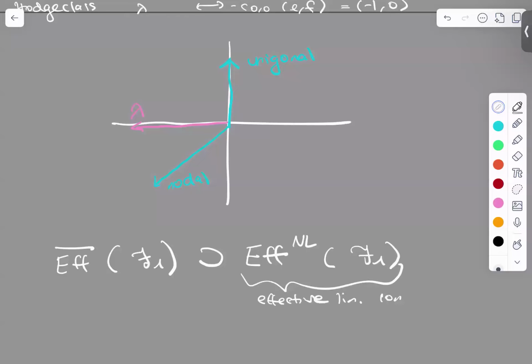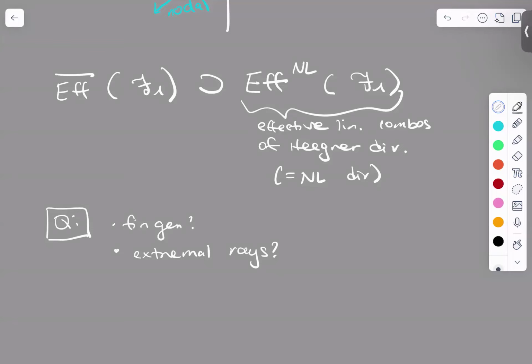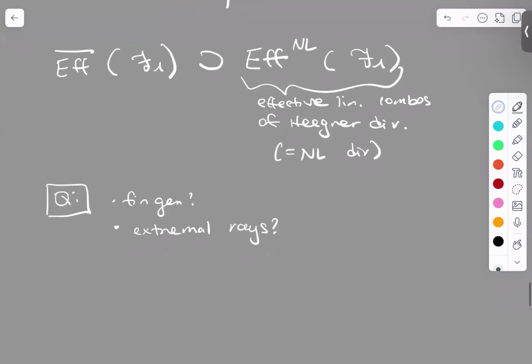For both of these cones, there are natural questions we can ask. Are they finitely generated? If so, what do their extremal rays look like? Does this allow us to say anything, with an eye towards these questions about birational contractions that I introduced at the beginning? And lastly, the inclusion above begs the question of whether there is equality between these two cones.